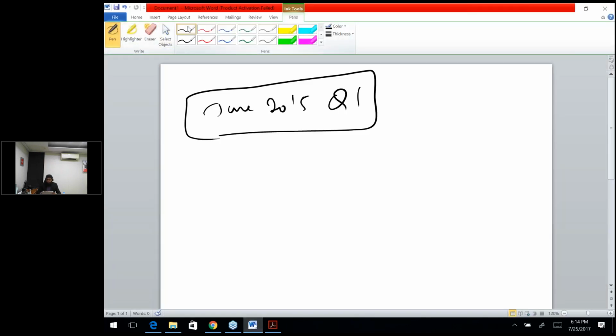In yesterday's class, we attempted the questions and we talked about the concept of risk of material misstatement. When we talked about the risk of material misstatement, what did we discuss? We said that risk of material misstatement is a risk that the financial statements will be materially misstated.